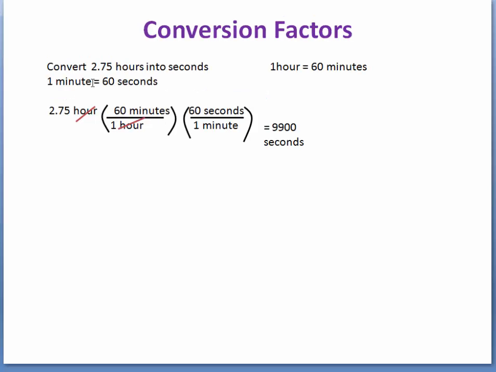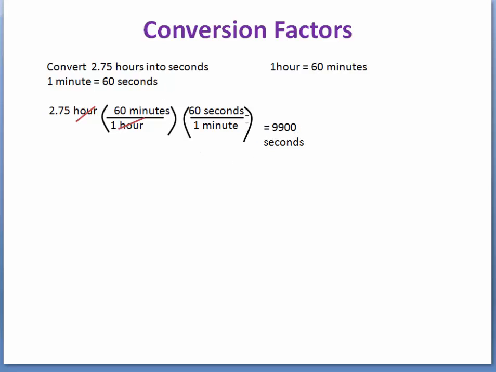Now we've been asked to convert 2.75 hours into seconds. Let's follow the same rules. The units given on the left hand side, 2.75 hours. What do we want our answer to be in? We want it to be in seconds, put that on the right hand side.